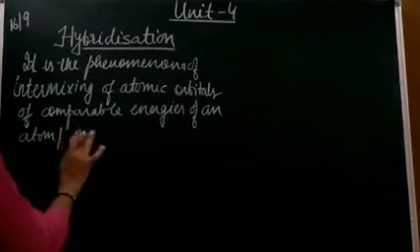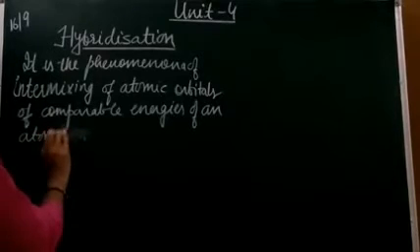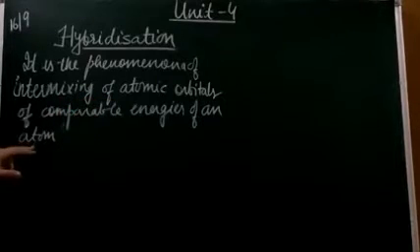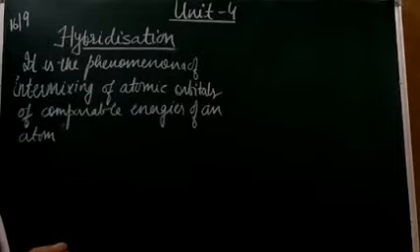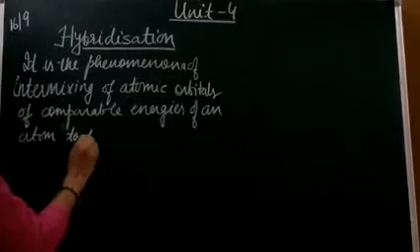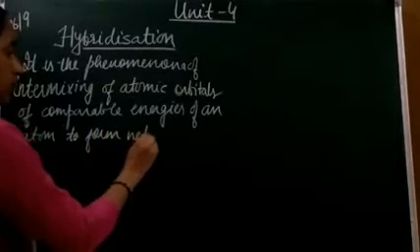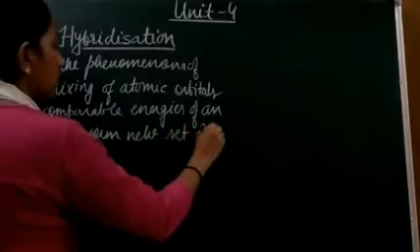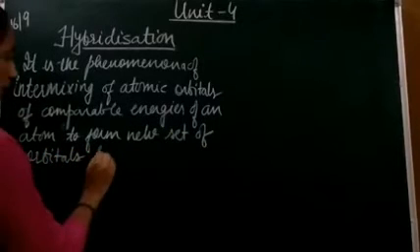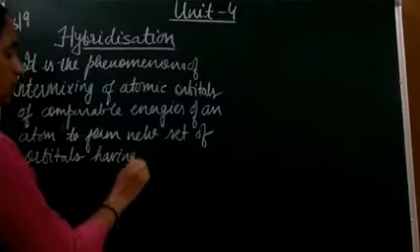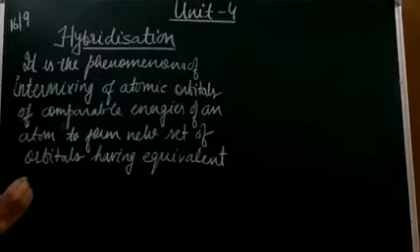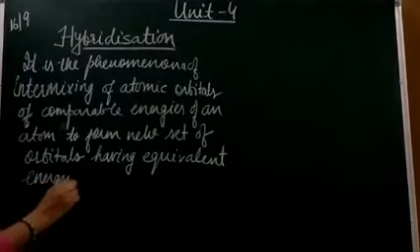Here, let us consider an atom, because an ion also contains the atom at first, of comparable energy, to form a new set of orbitals having equivalent energy and shape.